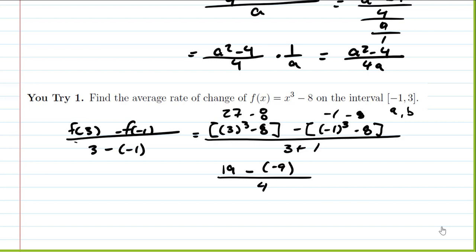19 take away a negative 9. We're going to once again get a plus, which gives us 28 over 4, which reduces to 14 over 2.